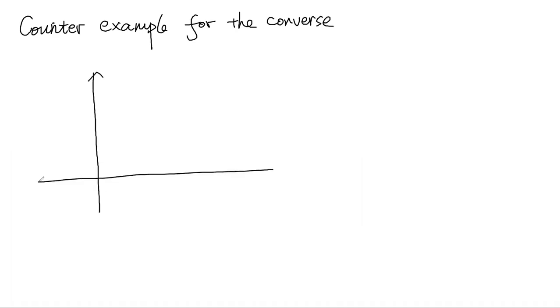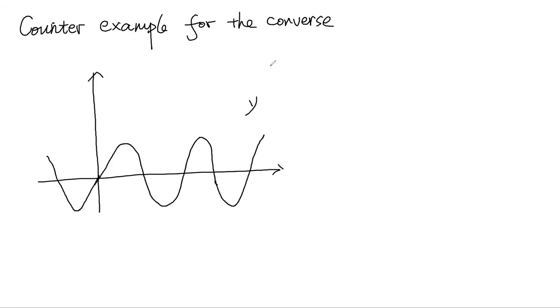You can, for example, consider the sine function. So suppose we have y equal to sin(x). And if we let a_n equal to sin(nπ), then a_0 is 0, a_1 is also 0, a_2, a_3, a_4.